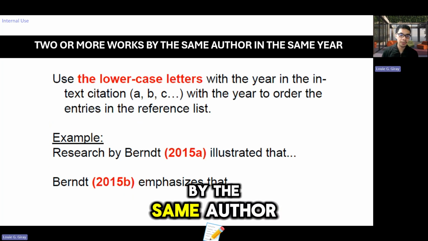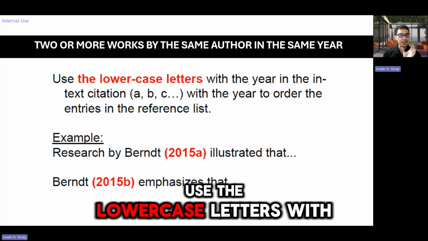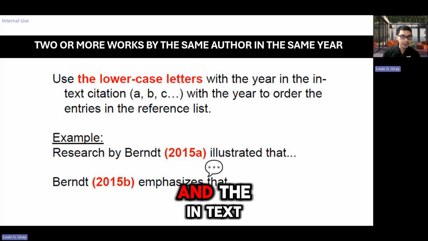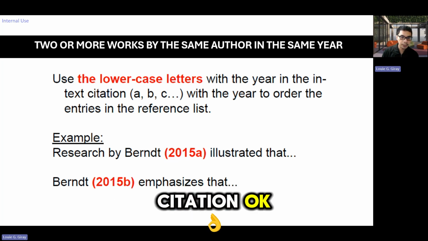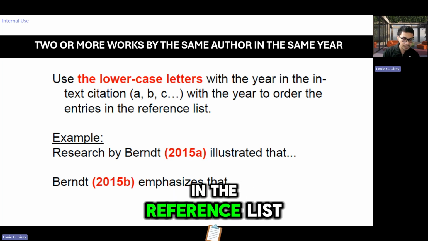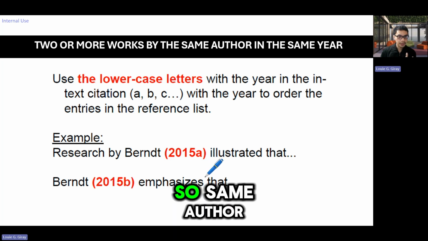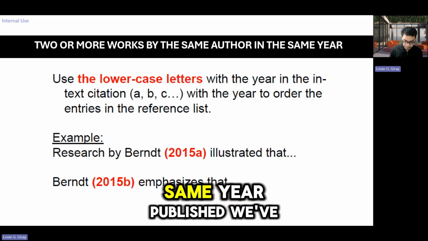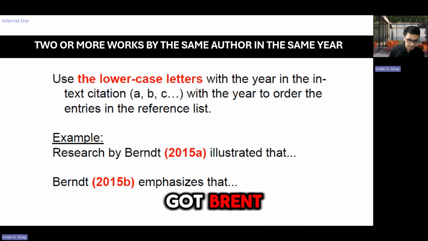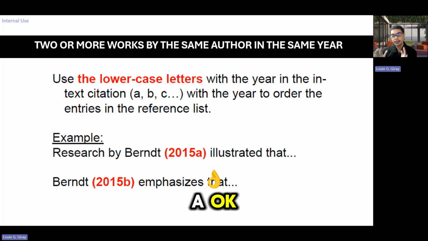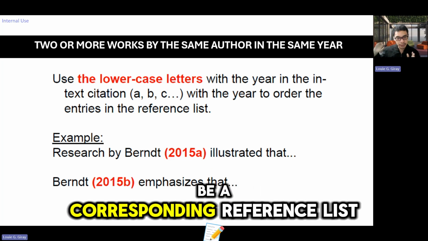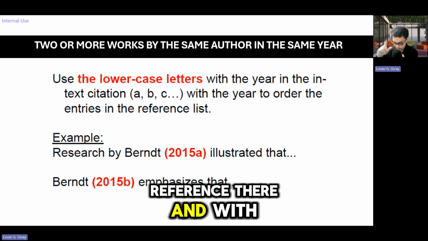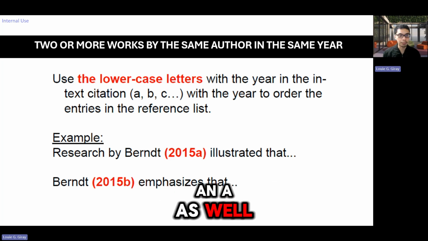Two or more works by the same author in the same year use lowercase letters with the year, and the in-text citation can be used with the year to order the entries in the reference list. So same author, same year published. We've got Brent 2015a, and then there should be a corresponding reference in the reference list with an a as well.